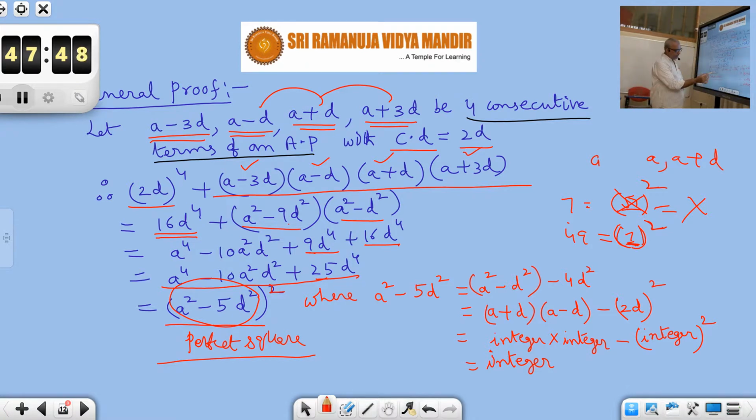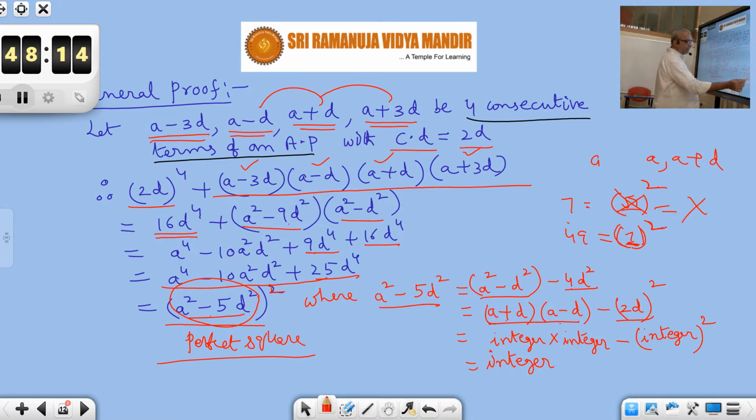We have to show that A square minus 5D square is an integer. It is not a fraction or irrational number. So therefore, let us consider A square minus 5D square. Write it as A square minus D square minus 4D square. But A square minus D square can be written as A plus D into A minus D. Minus 4D square, it is written as 2D whole square.